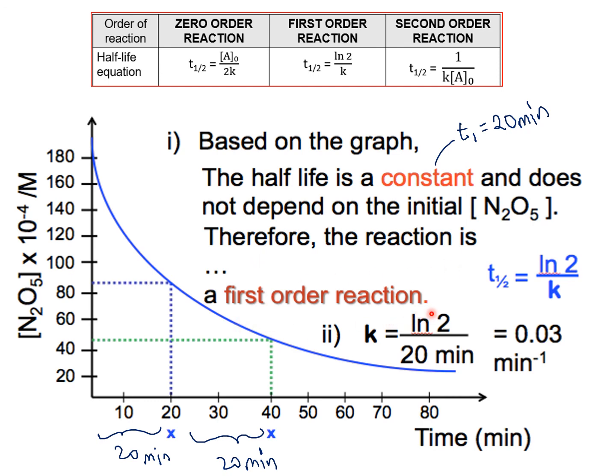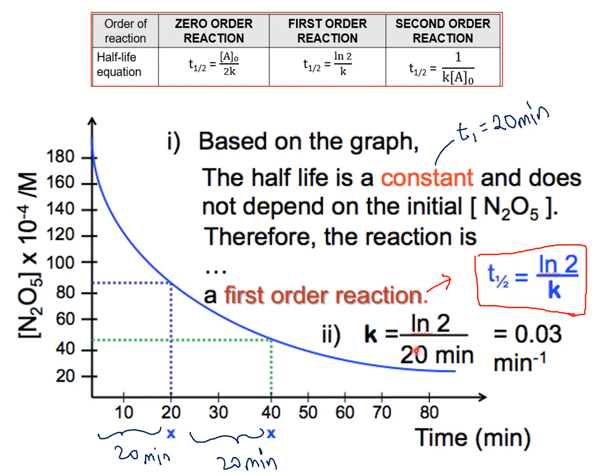And the next question, dia suruh kamu cari rate constant kan? So, nak cari rate constant, ingat balik half-life equation untuk first order reaction, which is untuk first order reaction punya half-life, T half is equals to natural log 2 bahagikan dengan K. So, bila you nak cari rate constant, you switchkan je lah position half-life you dengan position rate constant you.